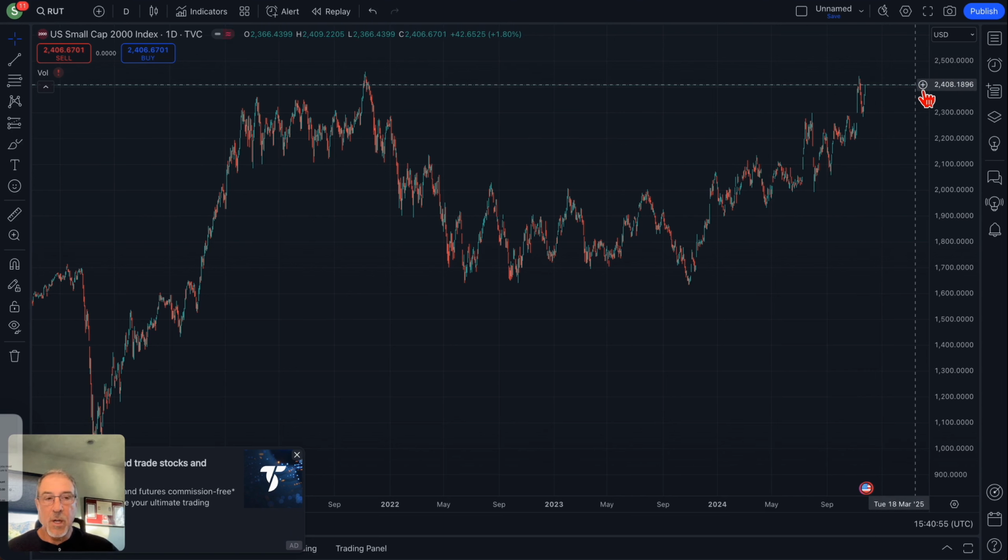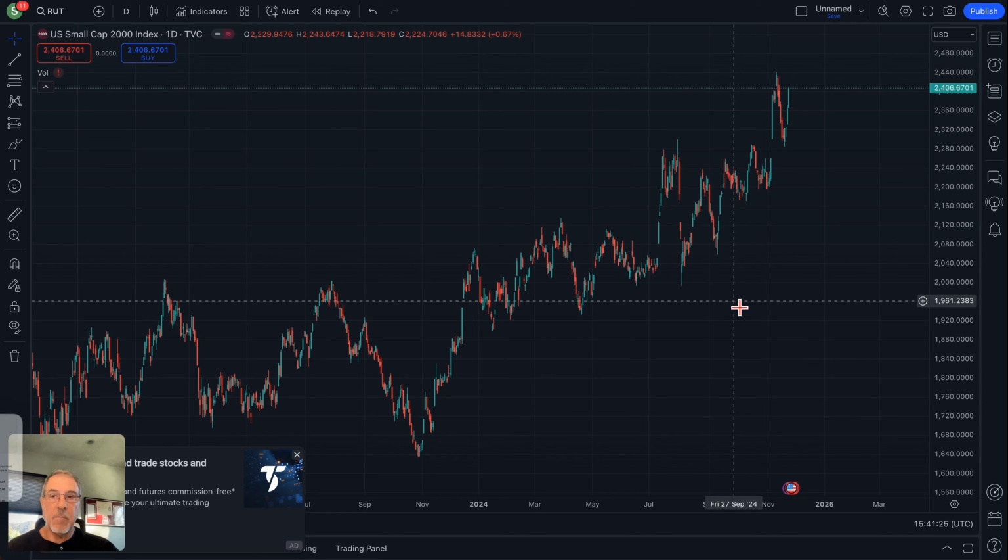So you could pop out of the top of this pattern and get another big run. So right now, that's kind of what I'm expecting here in the Russell small caps: that we're going to chop sideways here, possibly between this 2450 and maybe 2400, maybe even down to the 2300 range. So a little bit of a sideways chop for a period of time, and then an upside breakout is what I would tend to look at right now in the Russell.